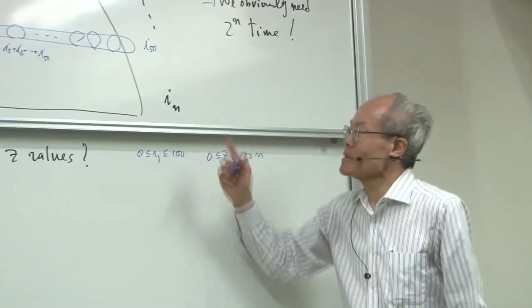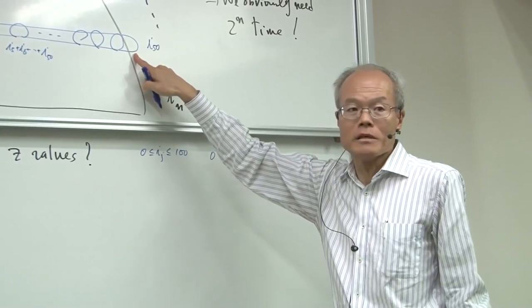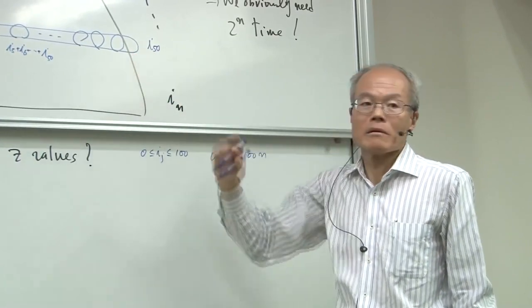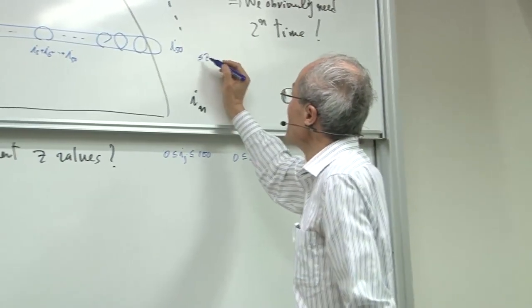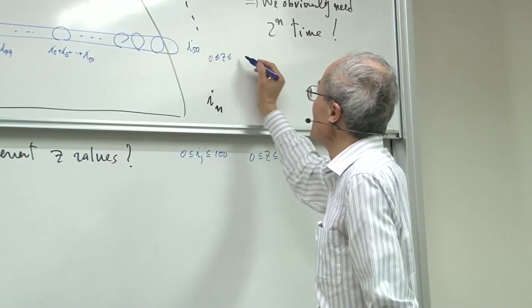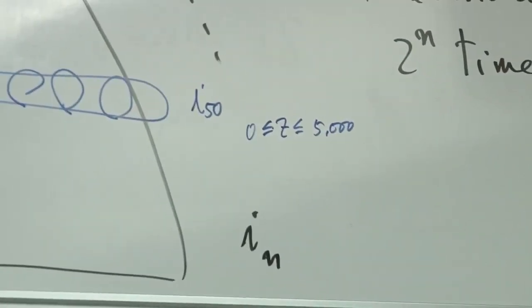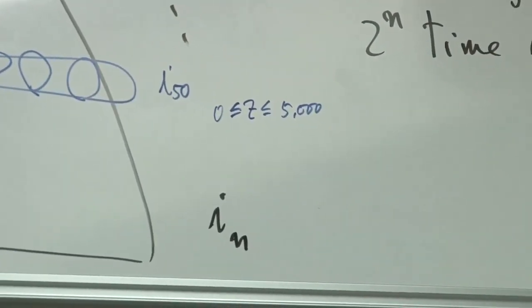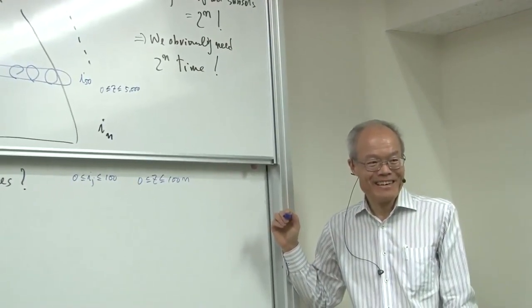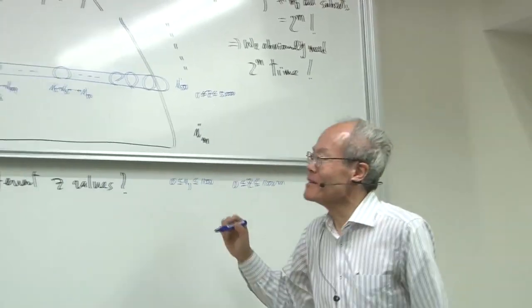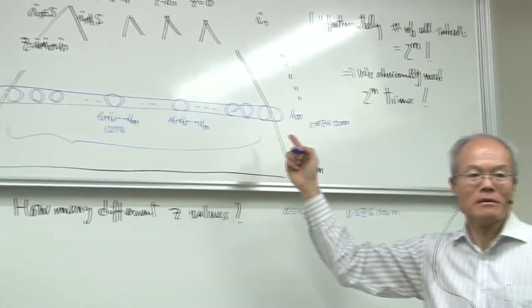Okay. Here we have come up to I50. Then the z value varies between 0 and 5,000, right? But how many nodes are here?